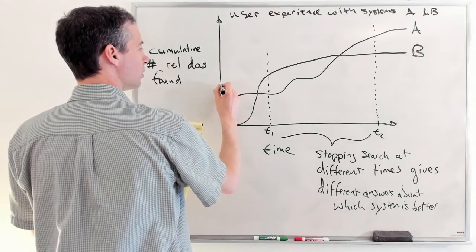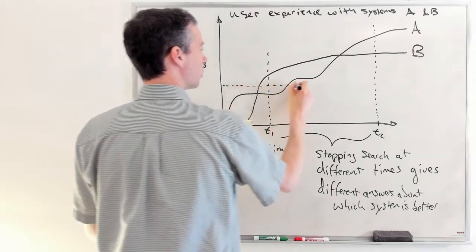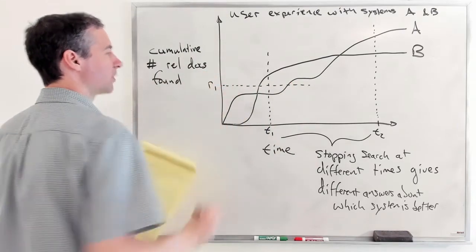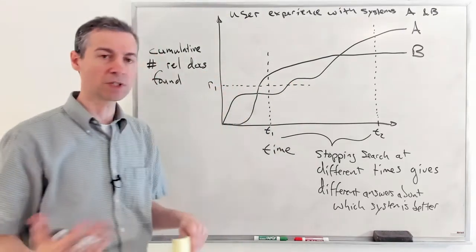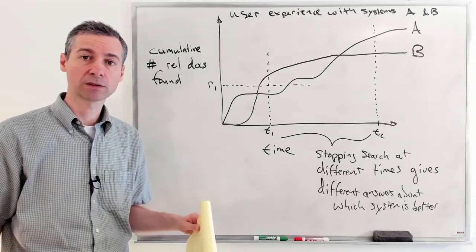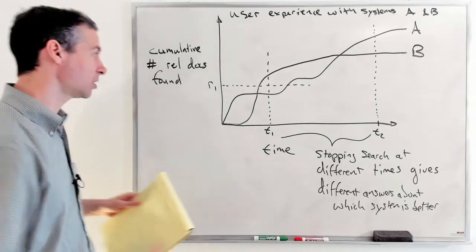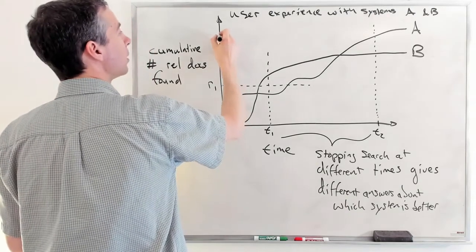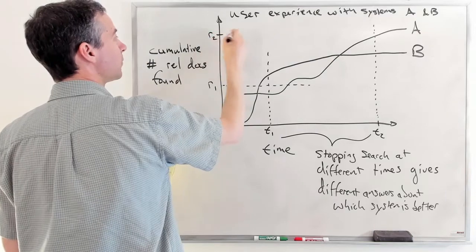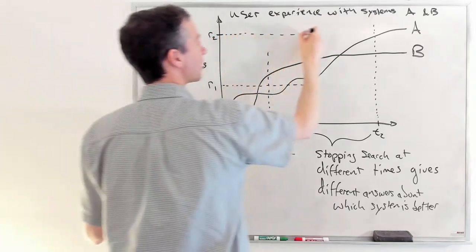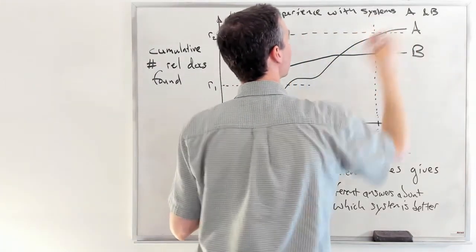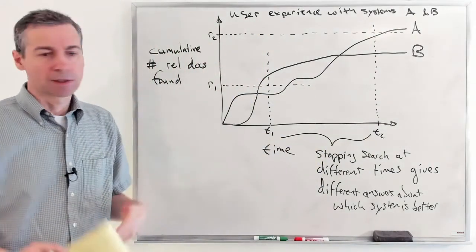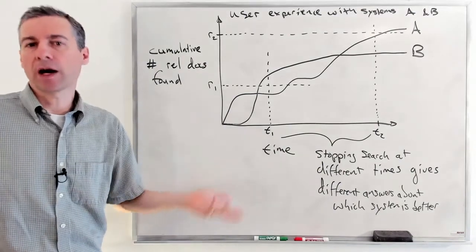There's another notion, though. You could also be talking about the amount of documents or relevant documents that you need to find to be satisfied. So you might have some information need and you need R1 amount of documents, or you could have a different information need that actually requires R2. Maybe R1 is I need to find maybe 2 documents.